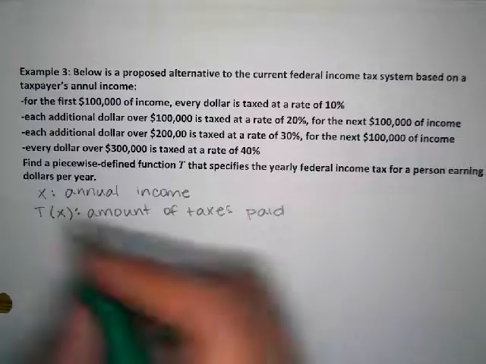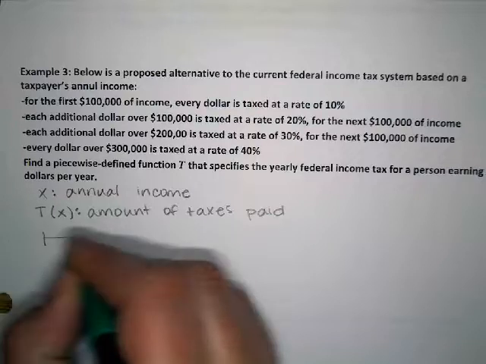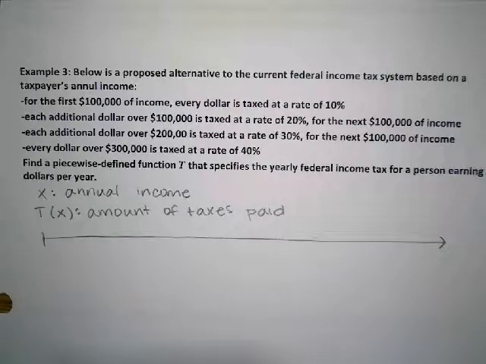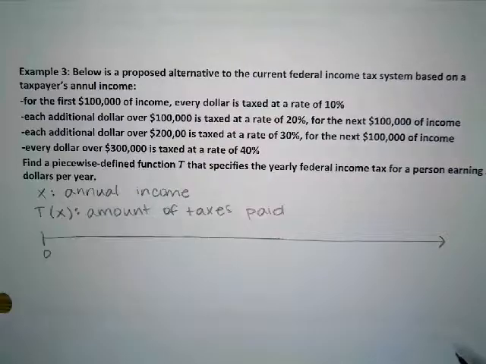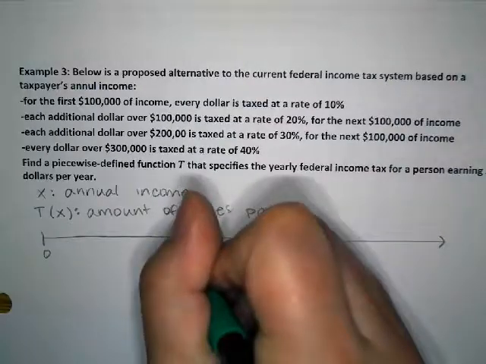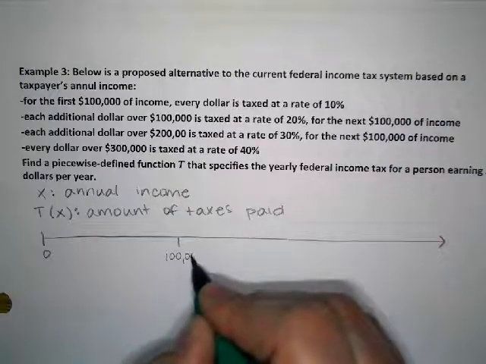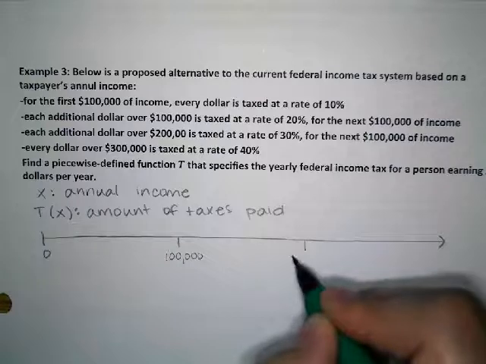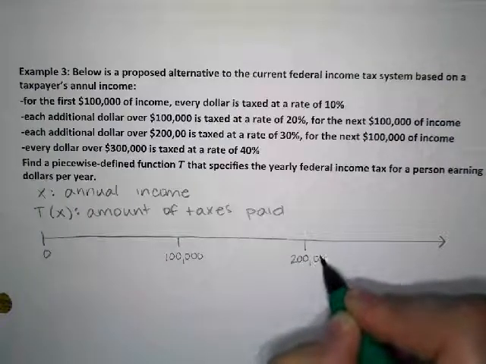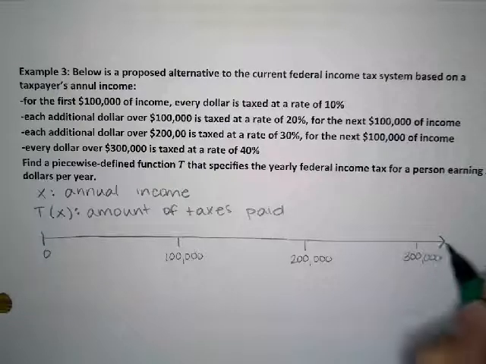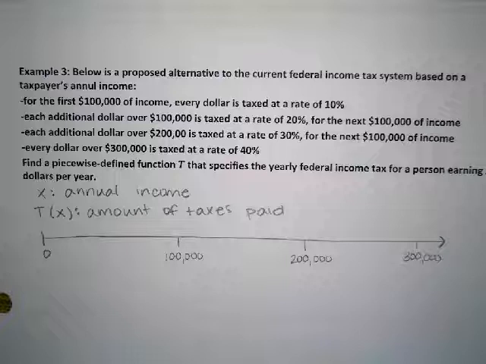All right. So the income amounts that we can have. Okay. So you could make no income. You could make somewhere between no income and 100,000. You could make somewhere between 100 and 200,000. You could make somewhere up to 300,000, and then on to infinity, right? Well, not infinity. At some point you're going to cap off your income.